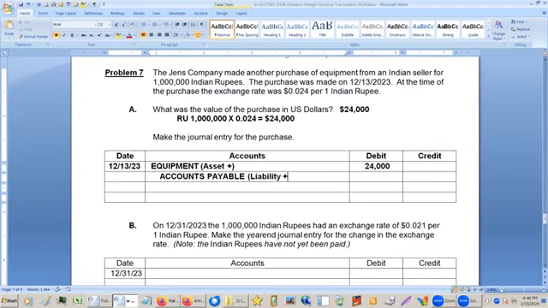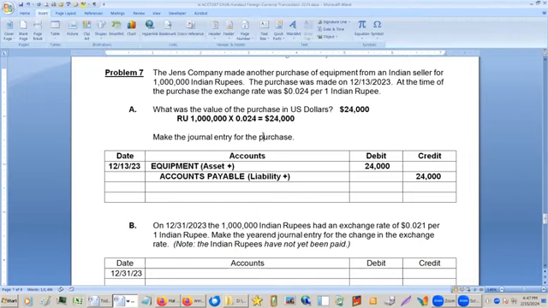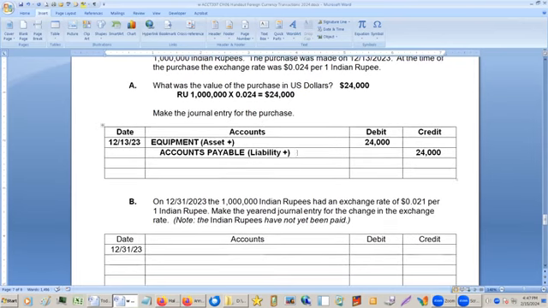The liabilities are going up. We owe them $24,000. Actually, we owe them a million rupees. But we translate into US dollars for our books because we keep our books in US dollars.